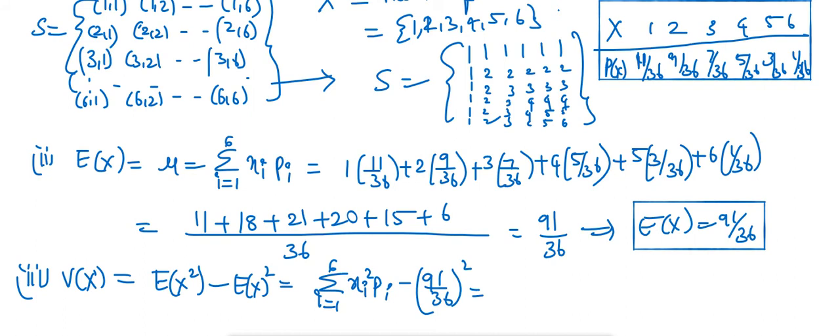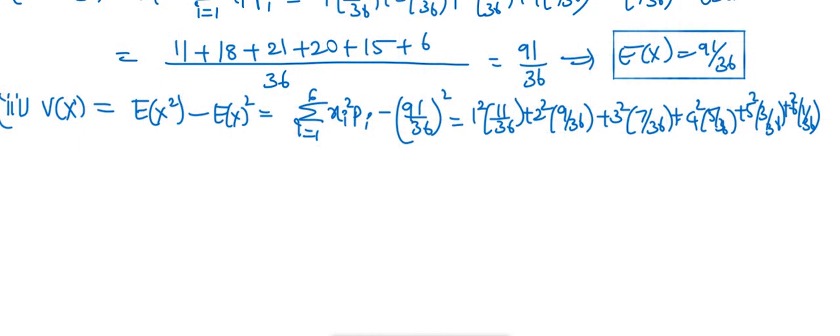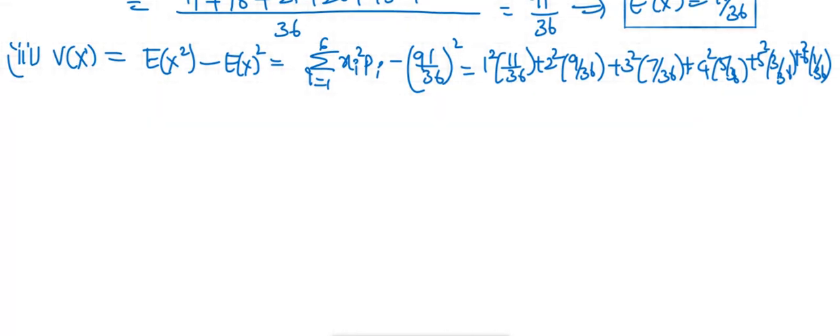That is equal to 1 squared into 11 by 36 plus 2 squared into 9 by 36 plus 3 squared into 7 by 36 plus 4 squared into 5 by 36 plus 5 squared into 3 by 36 plus 6 squared into 1 by 36, minus the expectation of X, that is 91 by 36, whole squared.